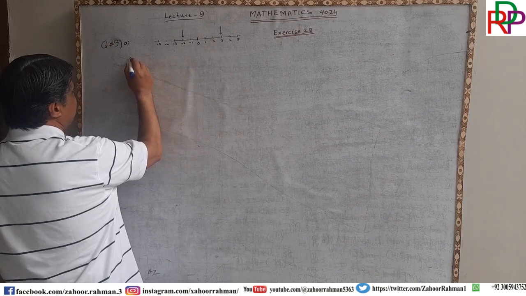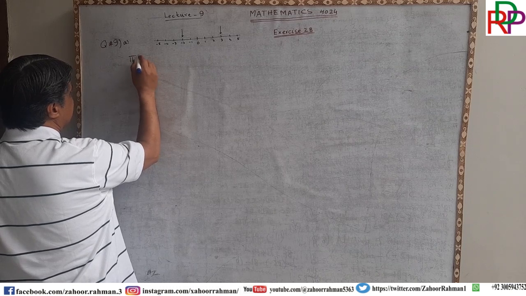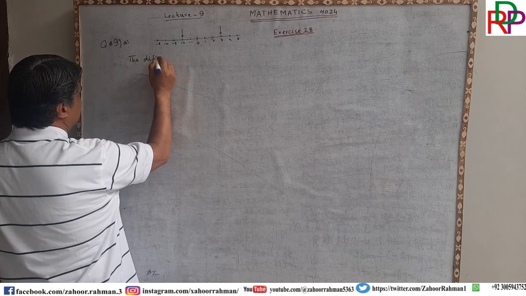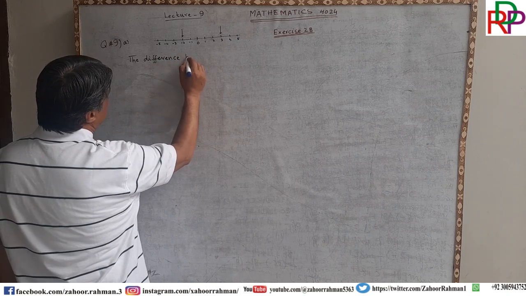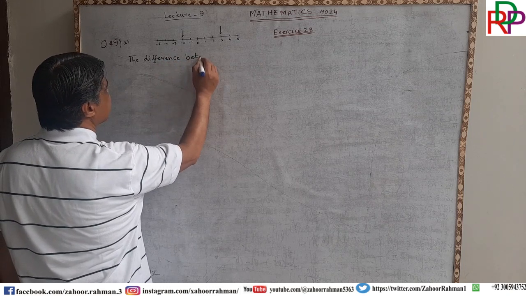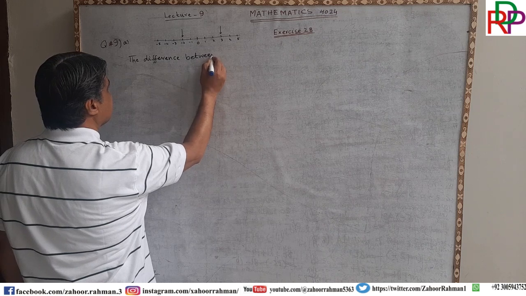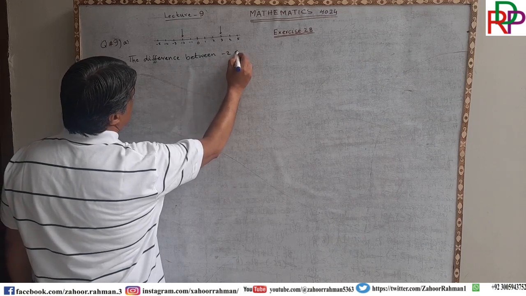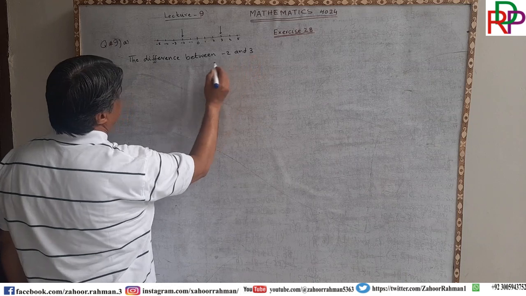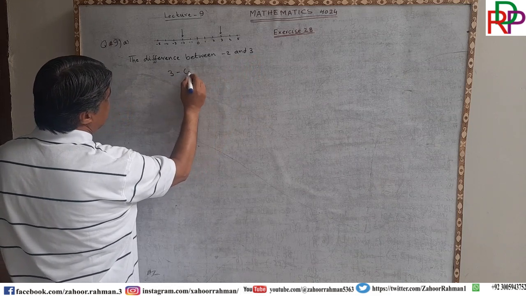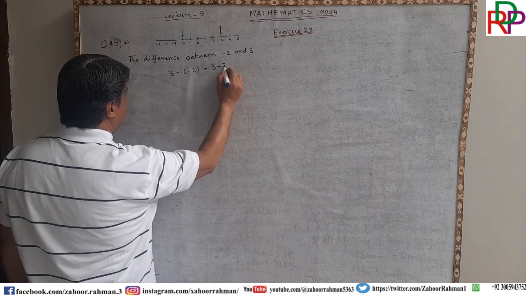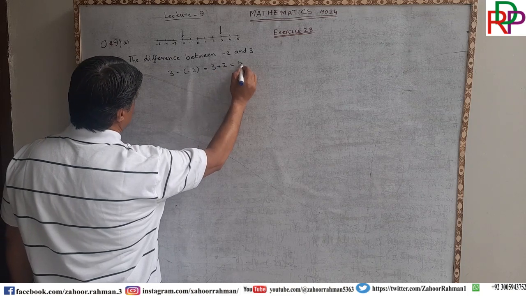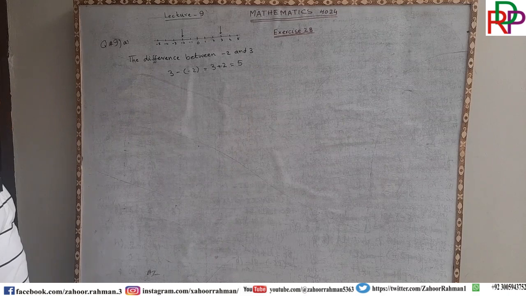So you have to write the difference between minus 2 and 3: 3 minus minus 2, which is equal to 3 plus 2, which is equal to 5. That is part A.